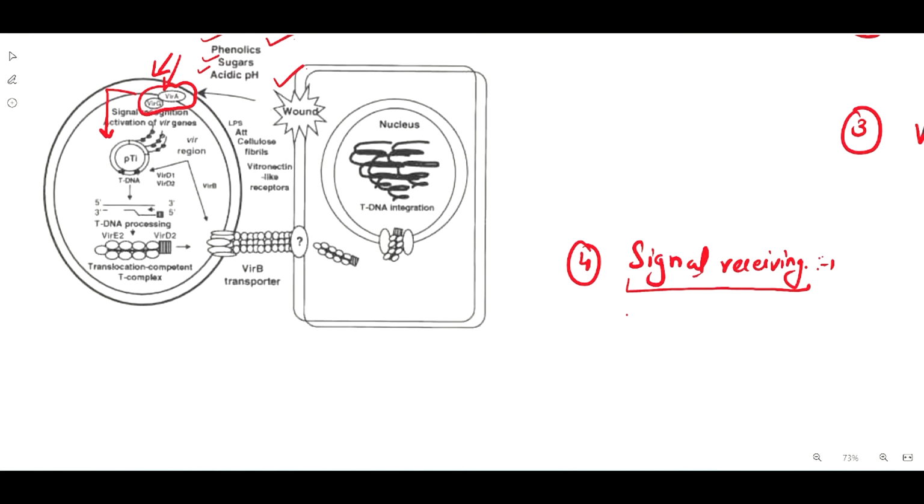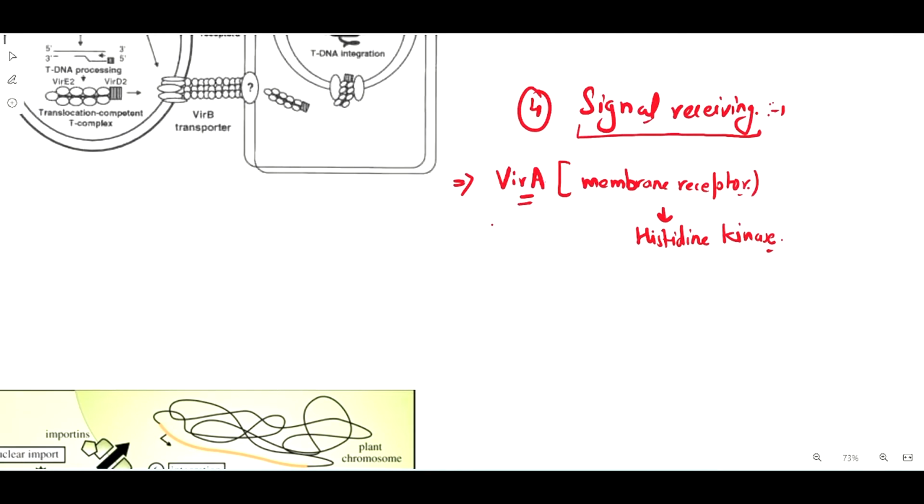In this case, first the signal comes to the protein known as VirA protein, which is a membrane receptor histidine kinase, and it contains four domains.